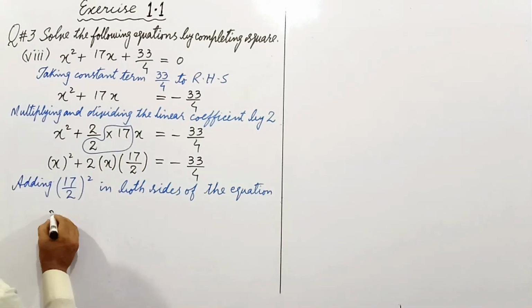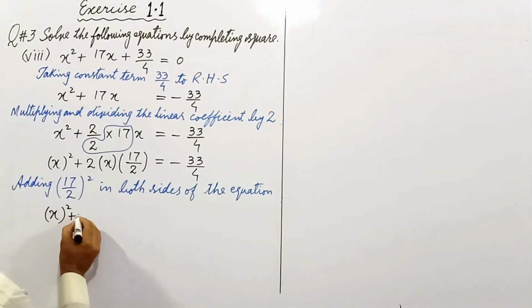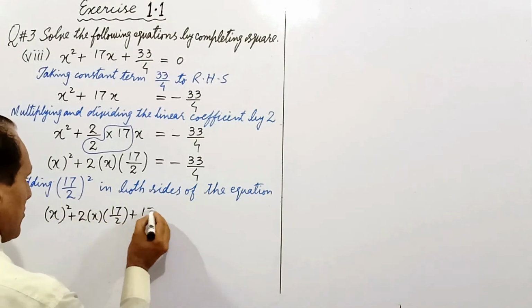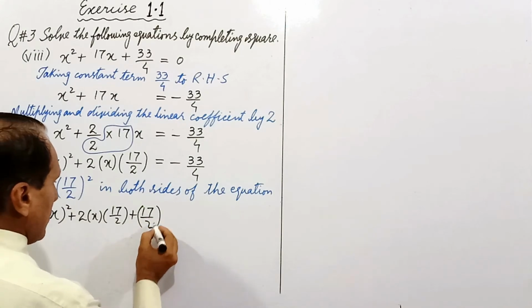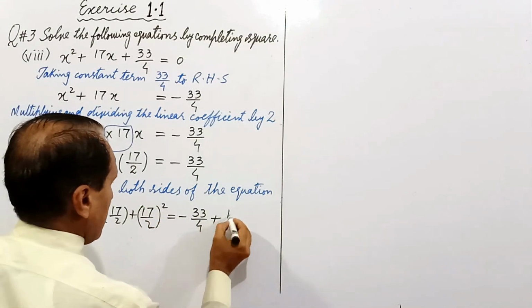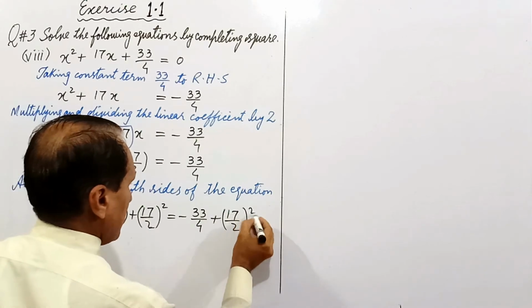We have x square plus 2 into x into 17 over 2 plus 17 over 2 whole square is equal to minus 33 by 4 plus 17 over 2 whole square.